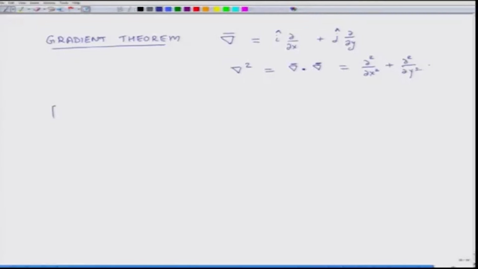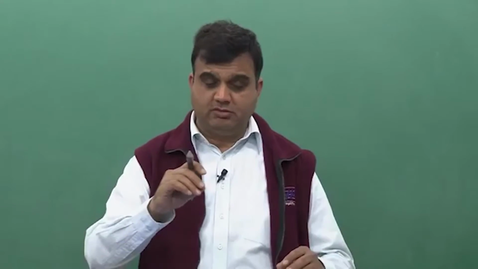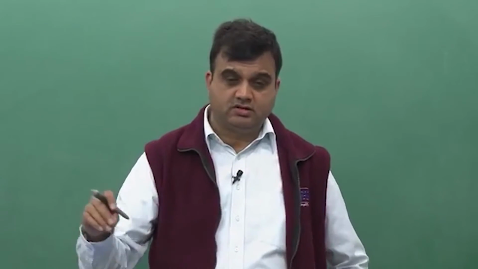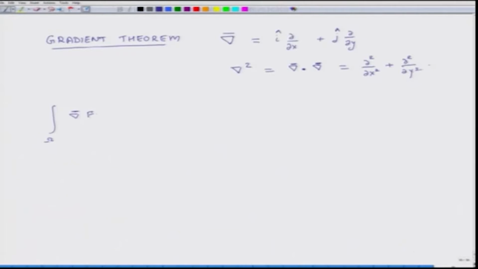What the gradient theorem says is that if I take the gradient of some scalar function, the function does not have any direction. An example of a scalar function would be a plate where we are measuring temperature. The temperature does not have any sense of direction. So this scalar function f is a function of x and y. It is a 2D function.